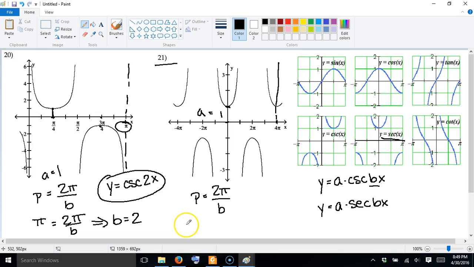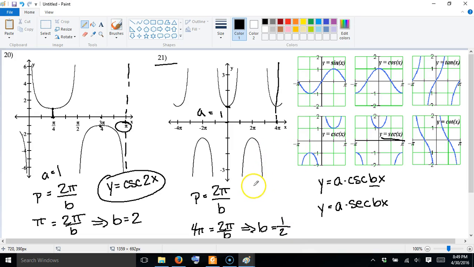Our period is 4 pi, which equals 2 pi over b. Switch the 4 pi and the b around, and we get b equals 1/2.